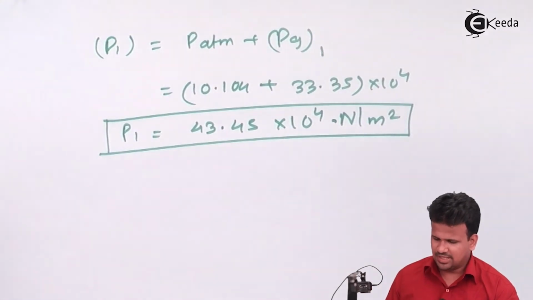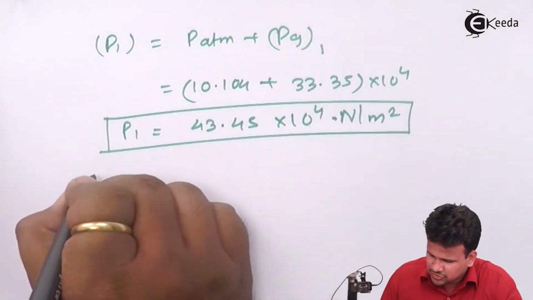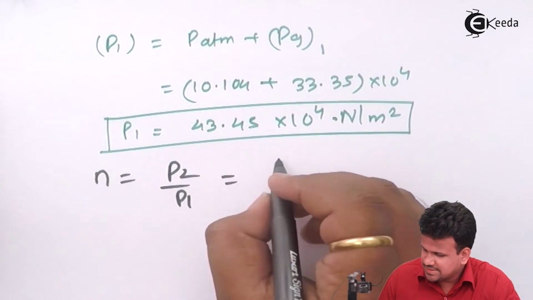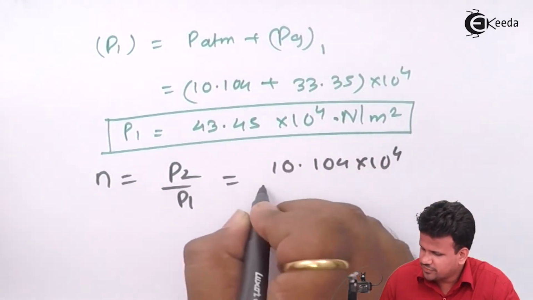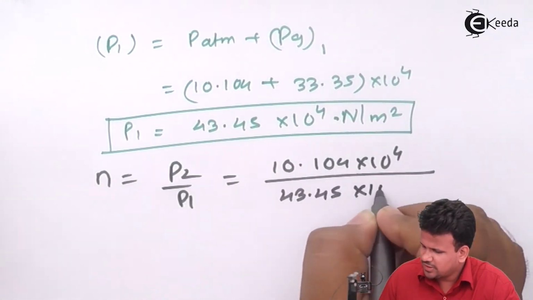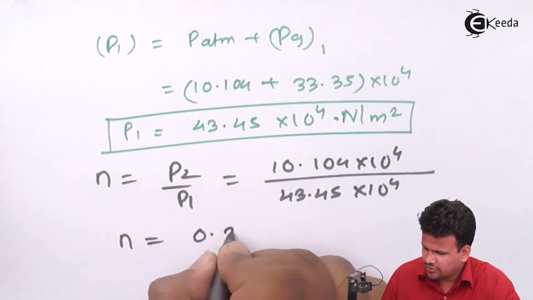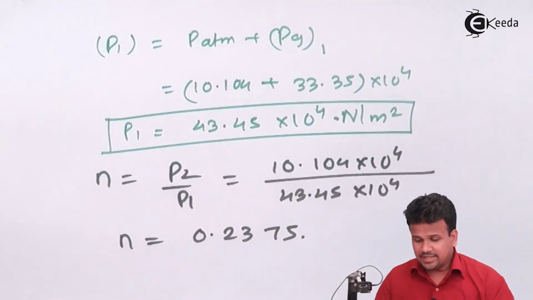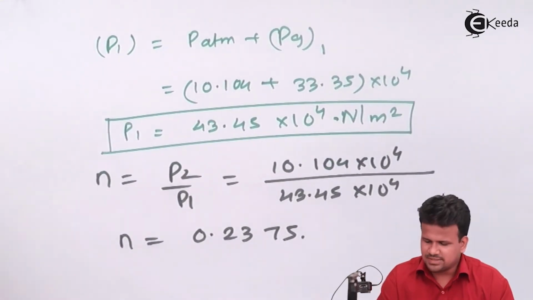Now according to this, our value of N will change as well as the value of rho. So N will be equal to P2 by P1. So this is equal to 10.104 into 10 to power 4 divided by 43.45 into 10 to power 4. So N comes out to be 0.2375. That is the value of N. And now we have to calculate the density. Again, we'll apply the same ideal gas equation.